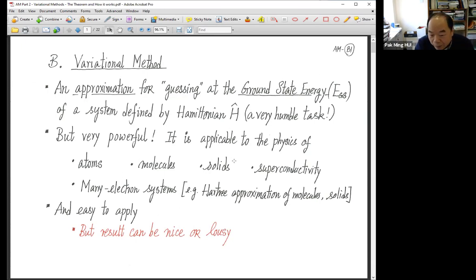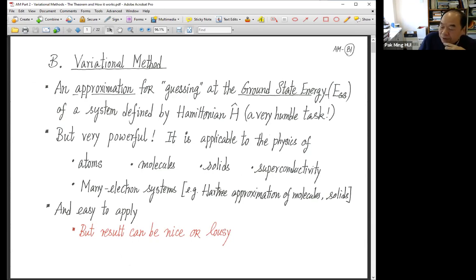But I would say it's very powerful because when you move on to other areas of studies, you will see that it is applied to understanding atoms. For those of you who may have done some project, you may have heard of Hartree or Hartree-Fock self-consistent field method in doing atoms and molecules. They are based on this variational method.